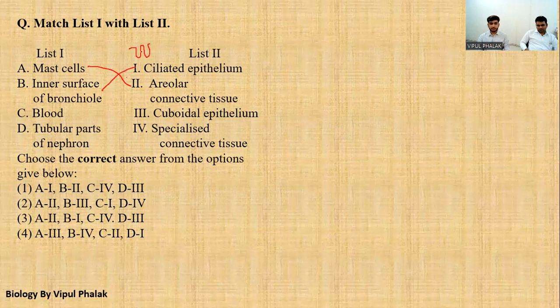It increases the surface area for absorption purposes. Ciliated epithelial tissues are also present in small intestine. Blood vessel is an example of specialized connective tissue, and tubular parts of nephrons contain the cuboidal epithelium. So 2, 1, 4, and 3. Third option is correct.